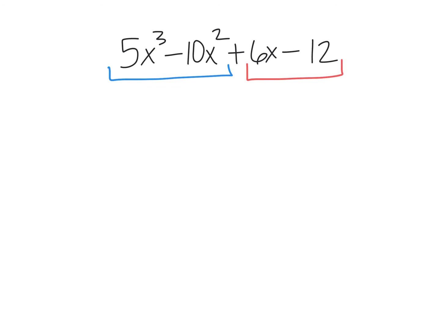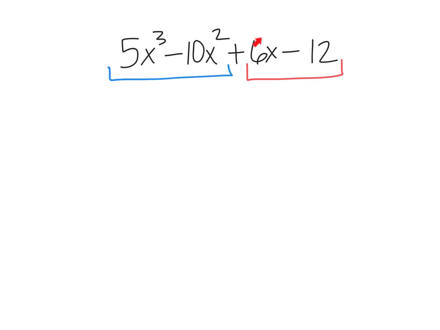The first thing that I want to look at is, do these have something in common? 5, 10, 6, and 12. Do they all share a factor in common, a greatest common factor? And the answer is no. 5 and 10 have something in common, but 6 is not divisible by 5. 10, 6, and 12 are all divisible by 2, but then we're leaving out the 5.